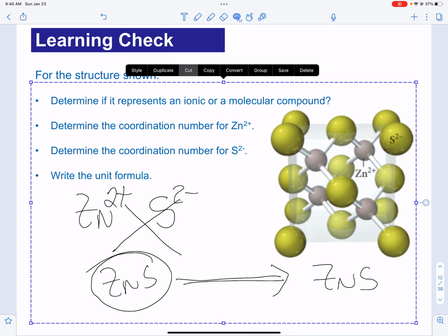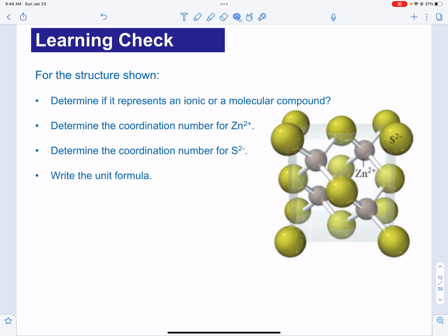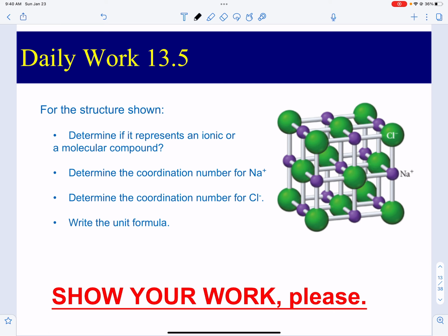And let's see what else we have. So we found that this was 4, and the formula we came up with was, after simplifying, that number there. So apply those concepts to this unit cell and make sure you show your work on how you got to that point.